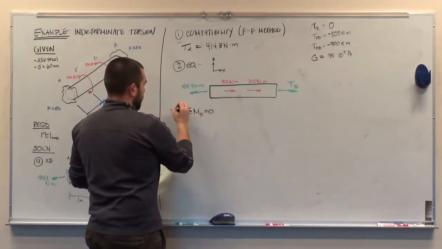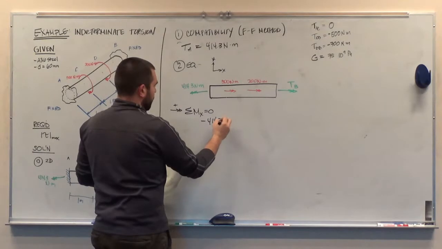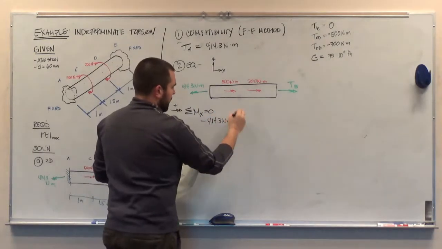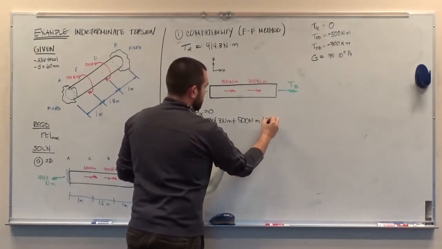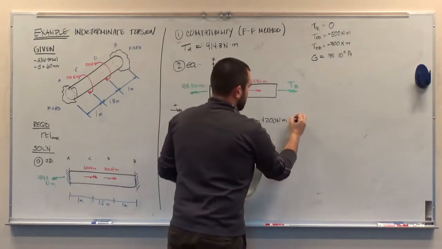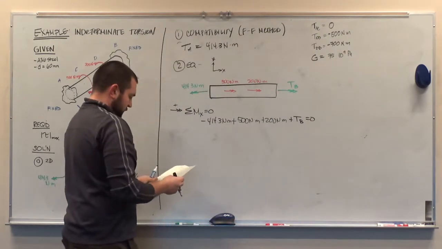And so what I end up with would be negative 414.3 Newton meters, because that's pointed to the left, plus 500 Newton meters pointed to the right, plus 200 Newton meters pointed to the right, plus the torque at B, all equal to 0.